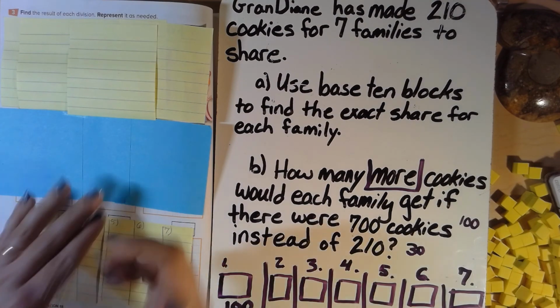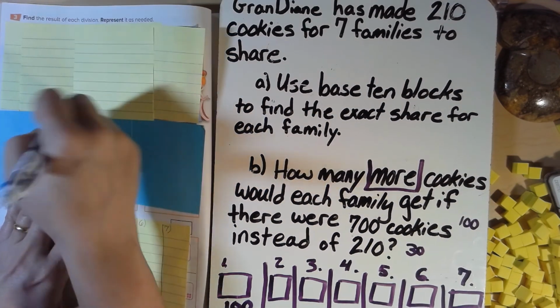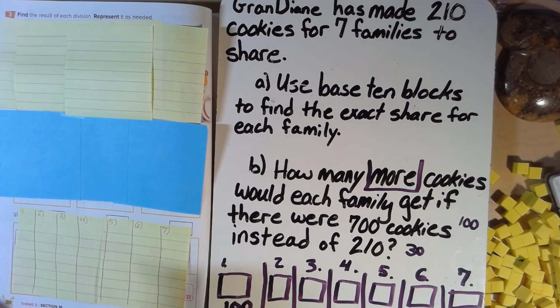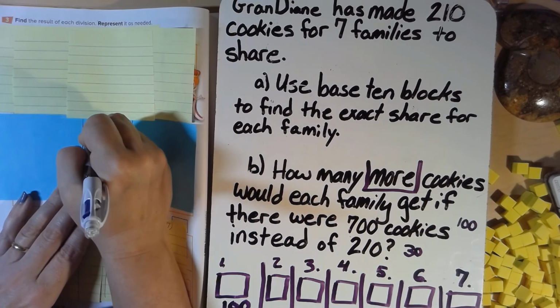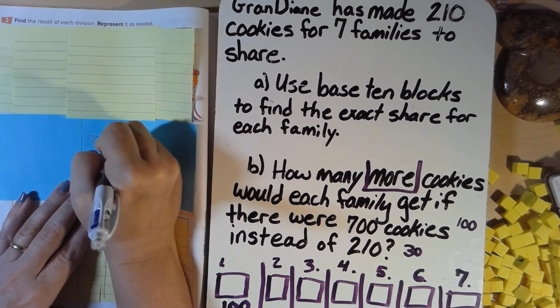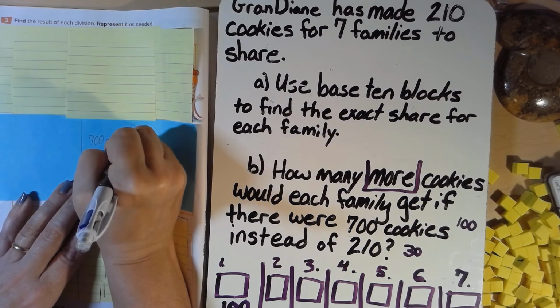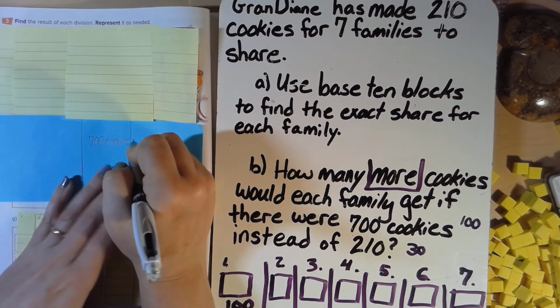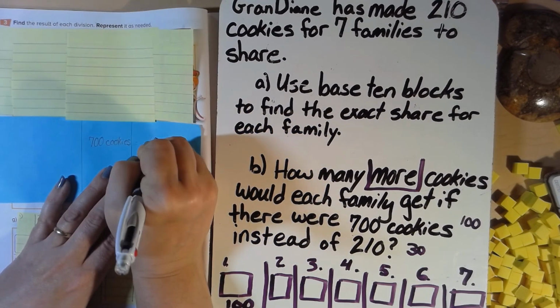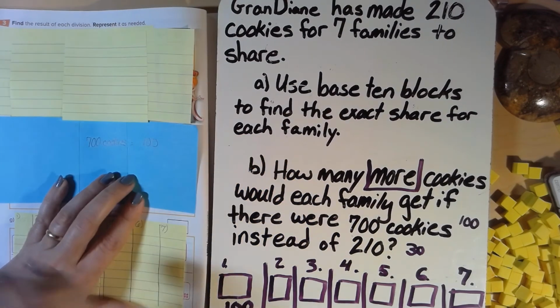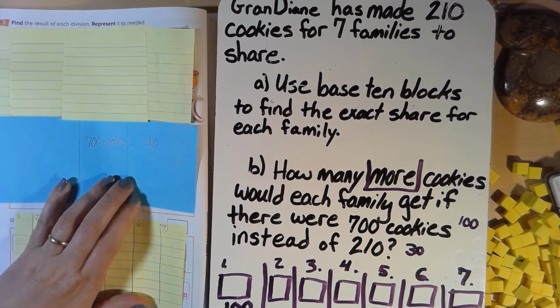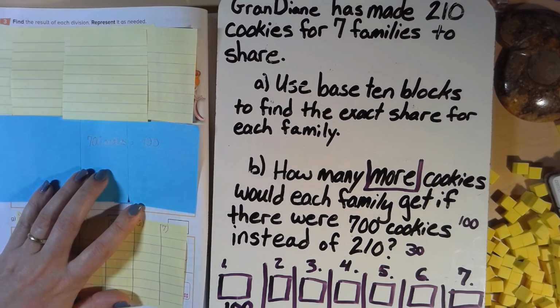So now I know that if I had 700 cookies, each family would get 100 cookies, if there were 7 families, right?